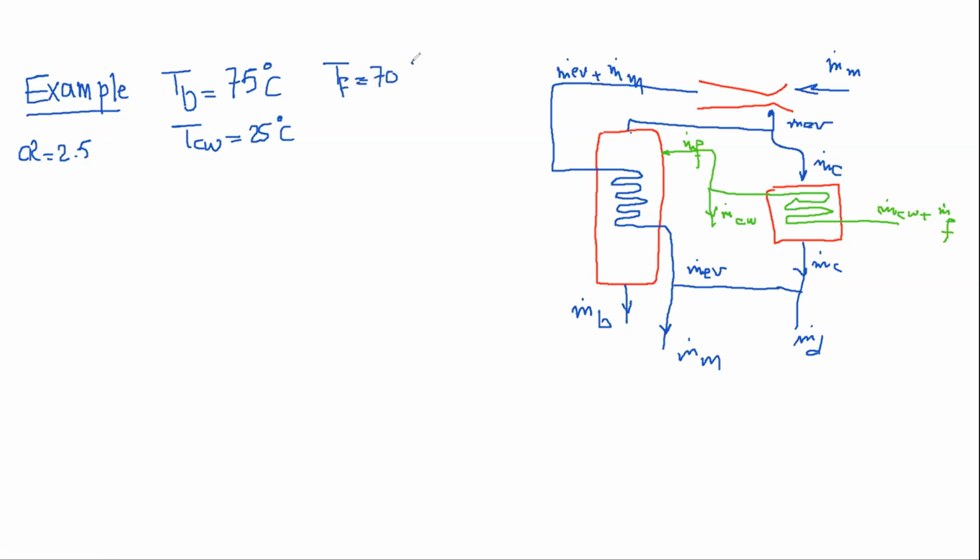is basically 70 centigrade. We are looking for a unit productivity, so m dot distillate is 1 kilogram per second. The feed salinity, XF, is 42,000 ppm, and the rejected brine salinity is 70,000 ppm.